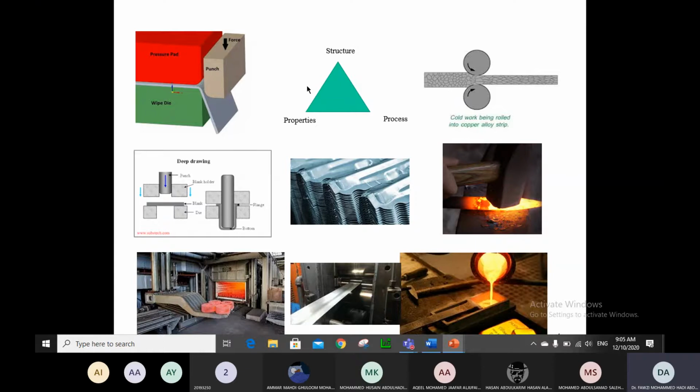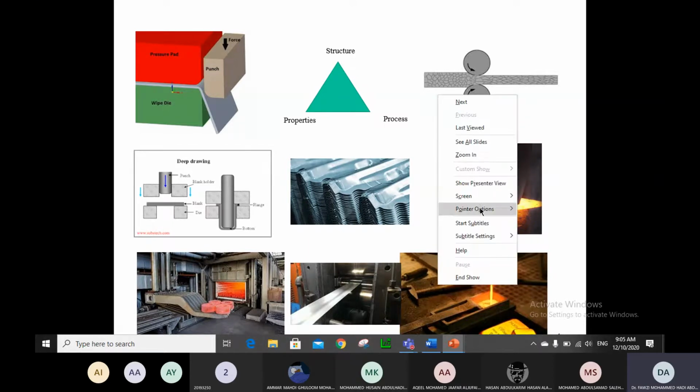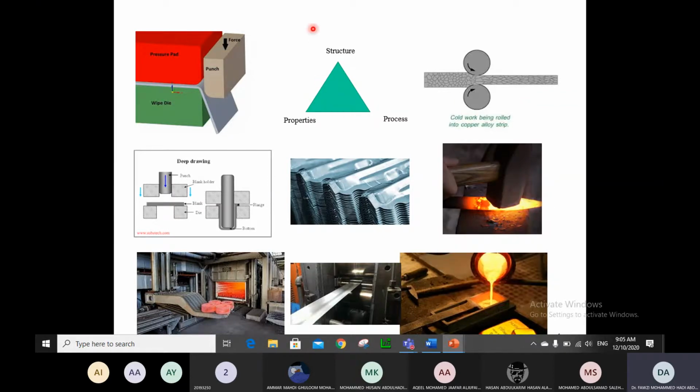So before we go into the thrust of phase diagrams, you remember this figure that we have seen before. Let me use the laser pointer bigger. We remember the relationship between the structure, properties, and the process.